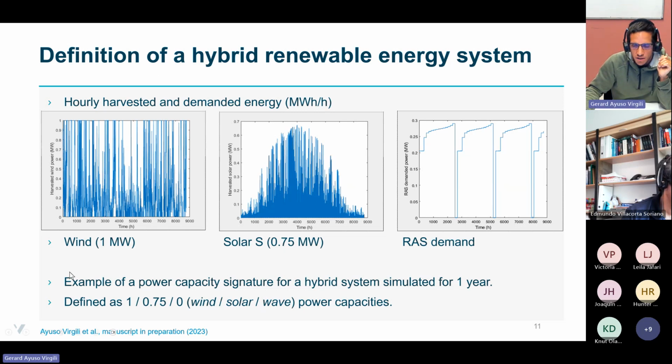We simulate this for 1 year, and then we want to see how much energy surplus or deficit we have. And then the key point is we want to see how low we can go on energy storage and still be able to supply energy to the RAS the whole year. So no exceptions in this case.